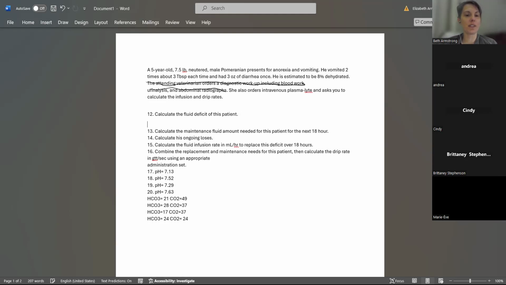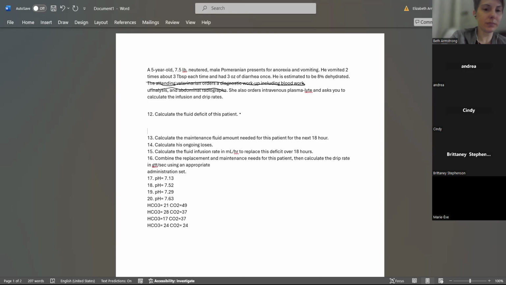So deficit is our dehydration. Okay. So what is our dehydration formula? It's the percent weight times amount dehydrated.